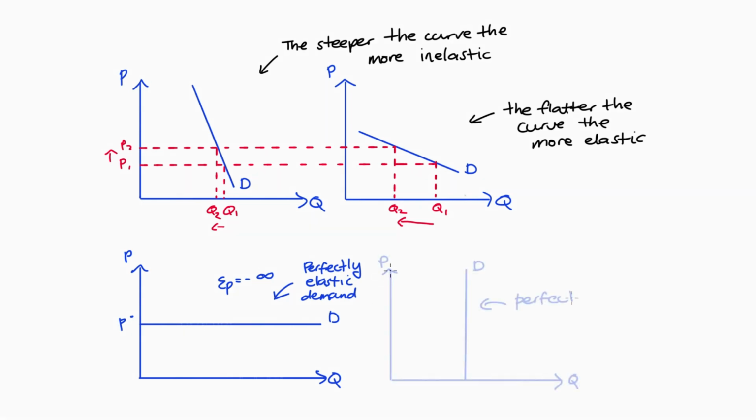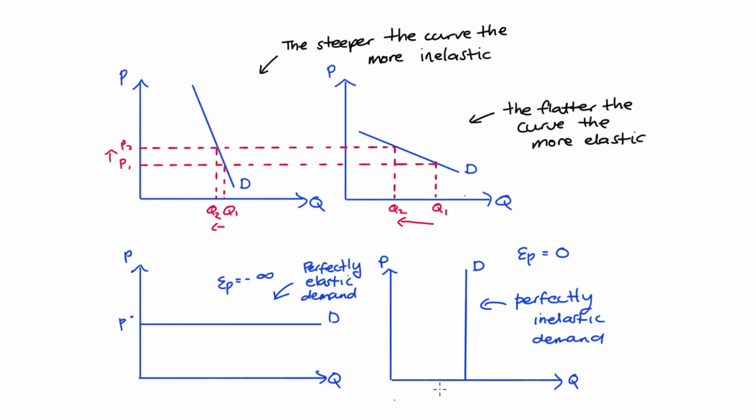We can also get perfectly inelastic curves which are perfectly vertical. The elasticity here of the whole curve is just equal to 0. The interpretation here is that for any price, the consumer demands exactly the same quantity, Q star.